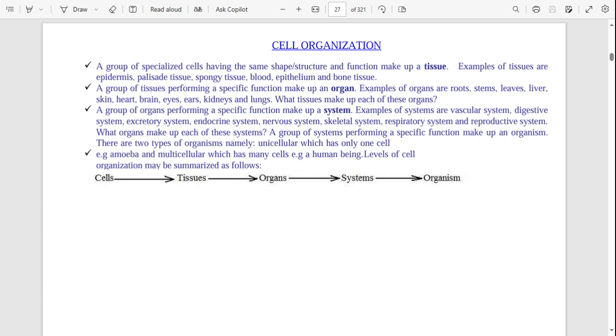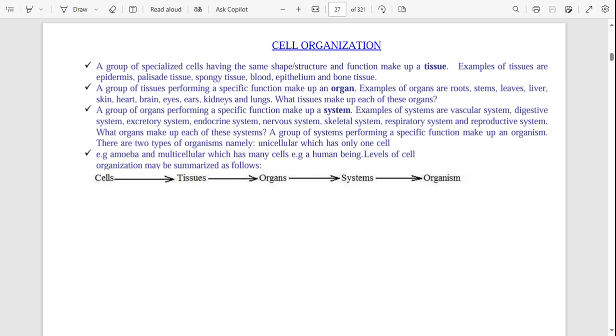So a group of tissues which are put together to work out a specific function will form an organ. And organs include the roots for plants, the stems, the leaves, the liver for animals, the skin, the heart. A group of organs which perform a specific function will make up a system.